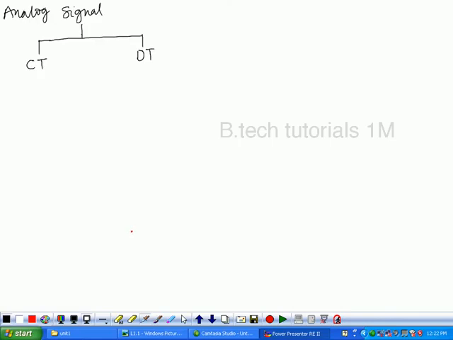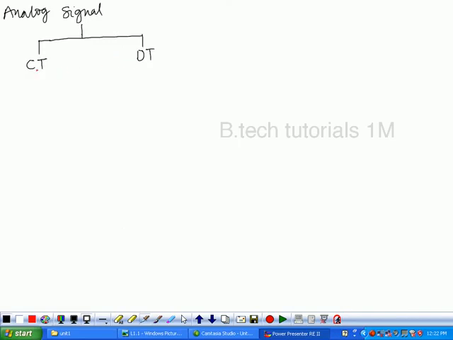If the duration of the continuous time signal is infinite, then it is analog signal. So that's why we can say that all the analog signals are continuous time, but all the continuous time signals are not analog. So analog signal can be a continuous time signal or discrete time signal.